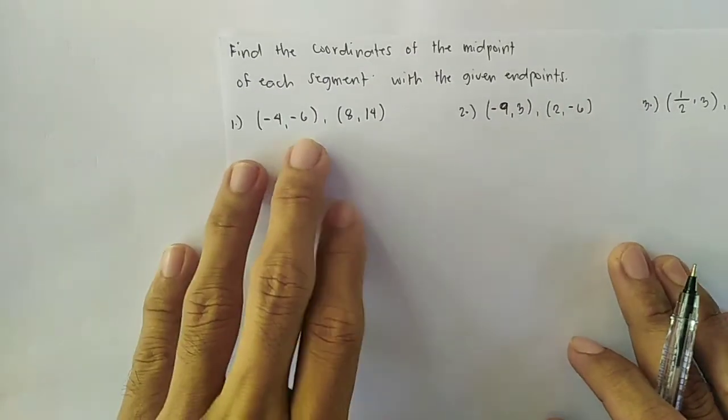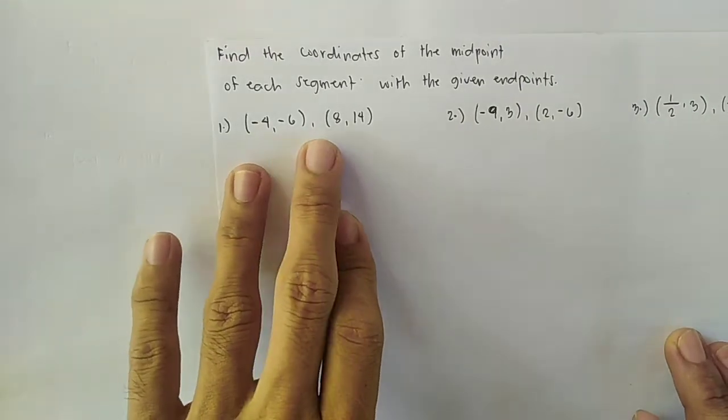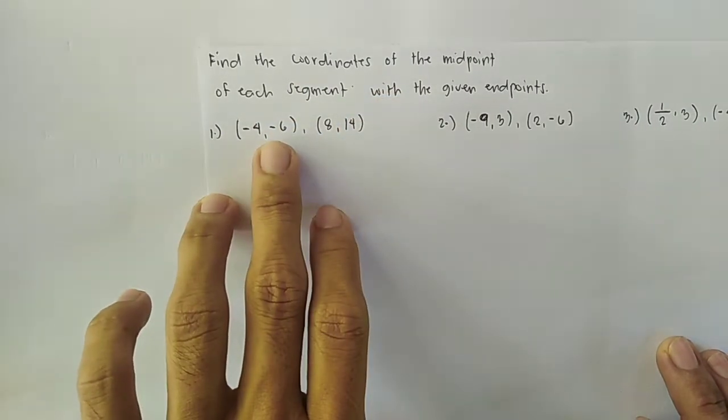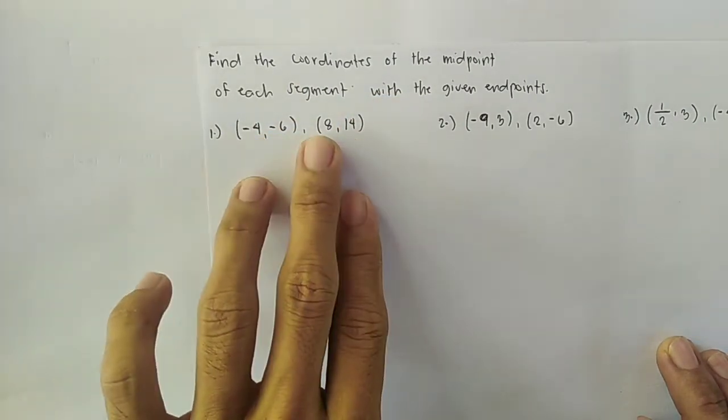For number 1, let us start with -4, -6, and 8, 14. We are going to find the coordinates of the midpoint of these 2 endpoints.